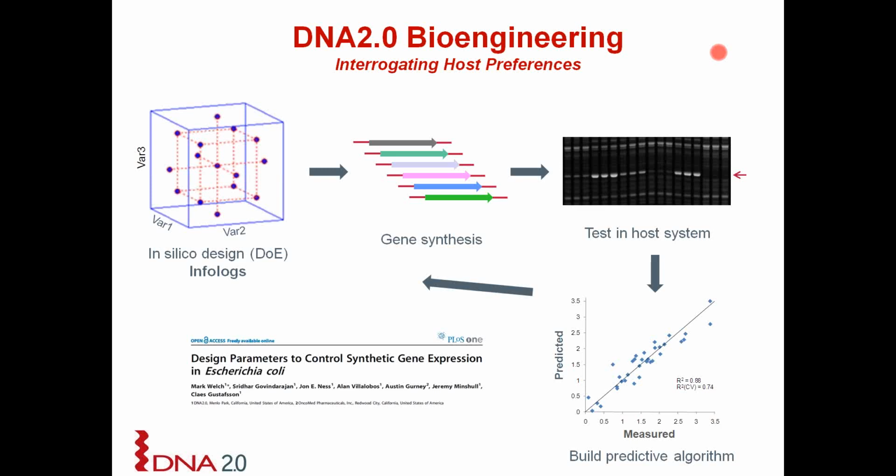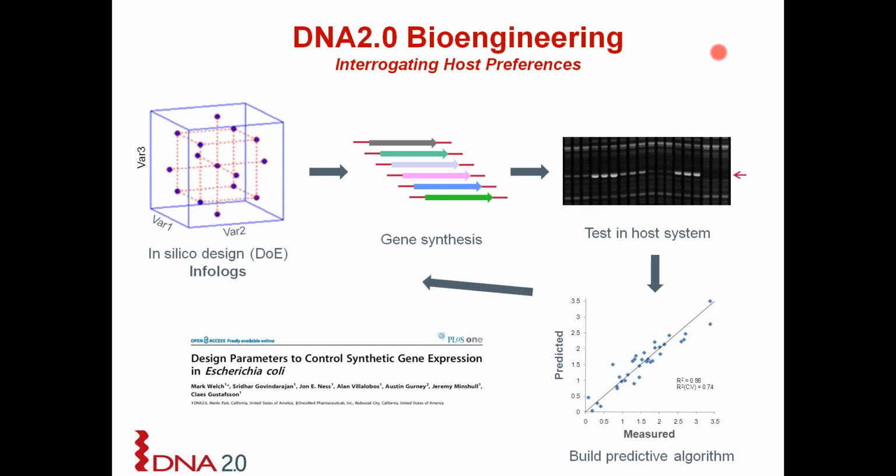We start with an in silico design, the design of experiment, and we create infologs. These infologs, in this case, are individual vectors. We've synthesized hundreds and hundreds of vectors for the purpose of our Vector GPS services and products. And we're testing in a variety of host systems, including mammalian host systems, E. coli, and yeast.